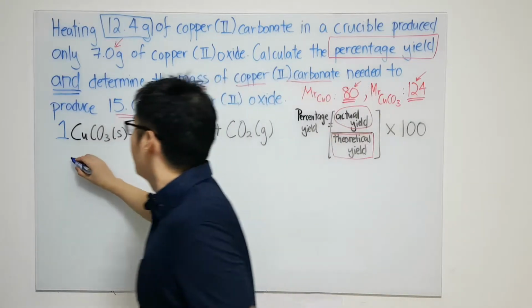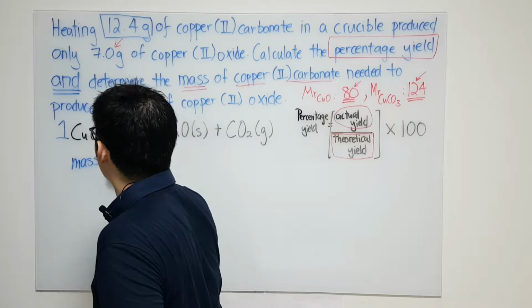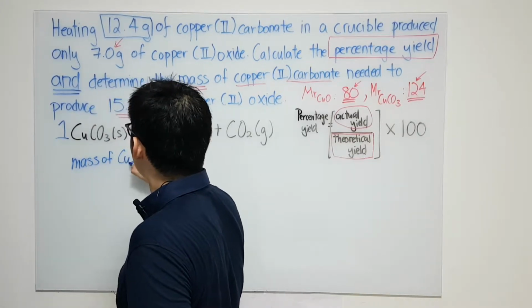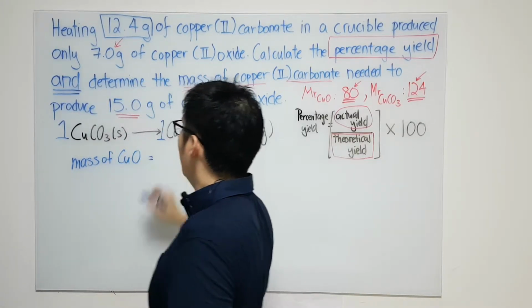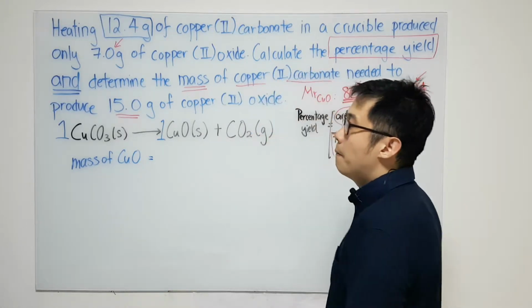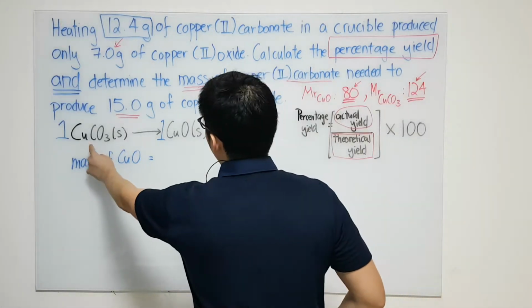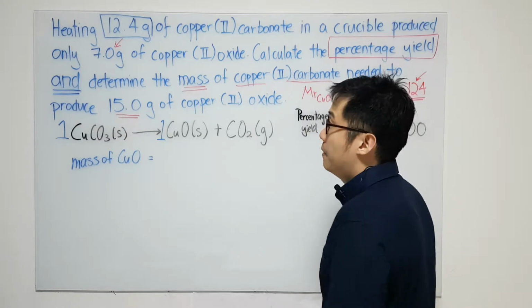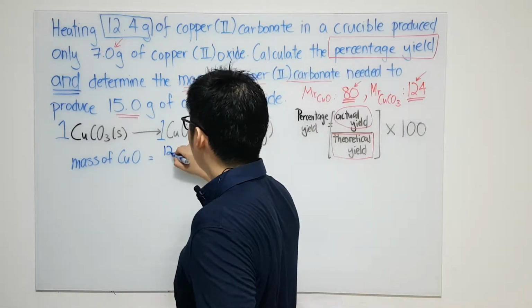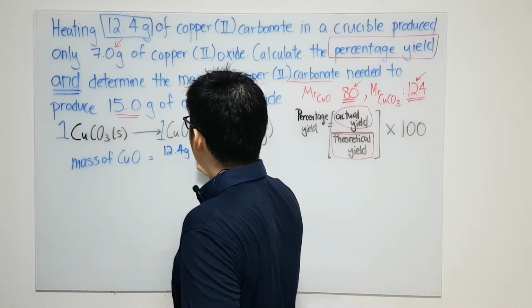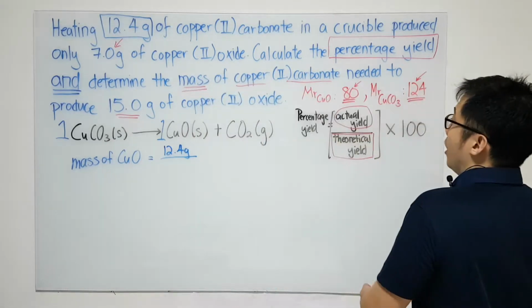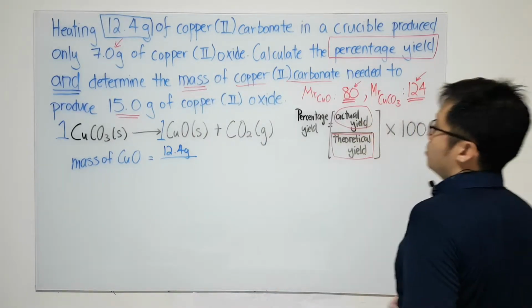So, the mass of my CuO to be obtained is actually first found by taking the moles of my copper carbonate, in this case by taking 12.4 grams dividing by the MR of my copper carbonate, which is 124.